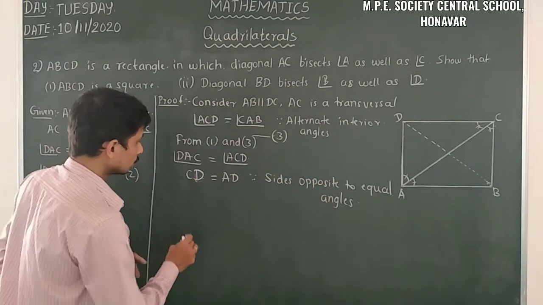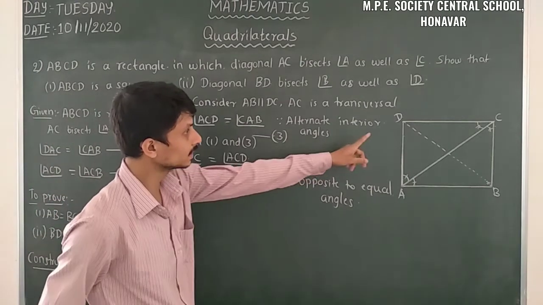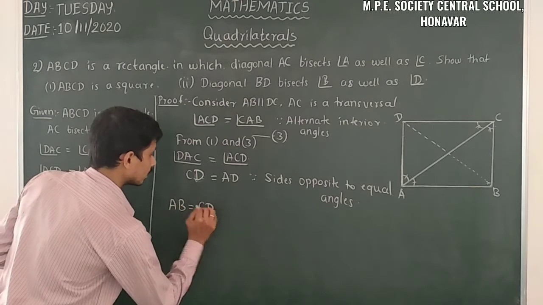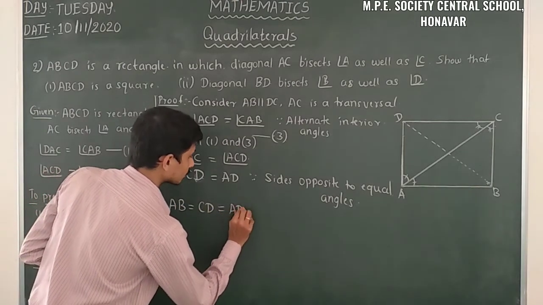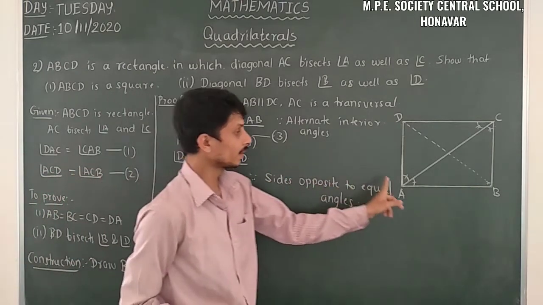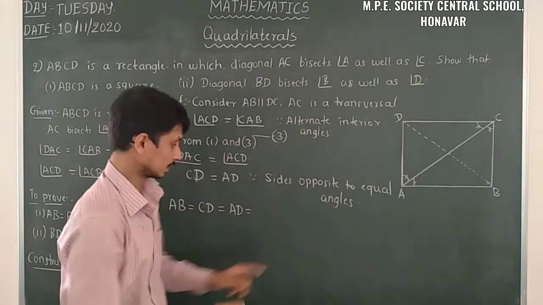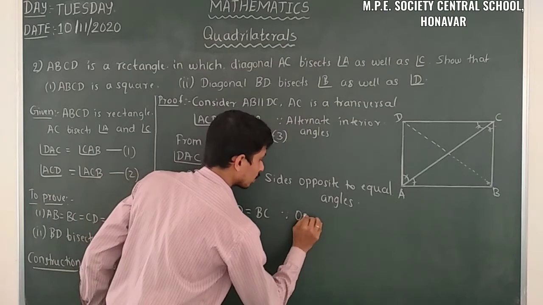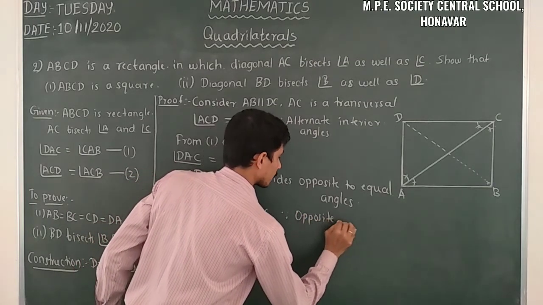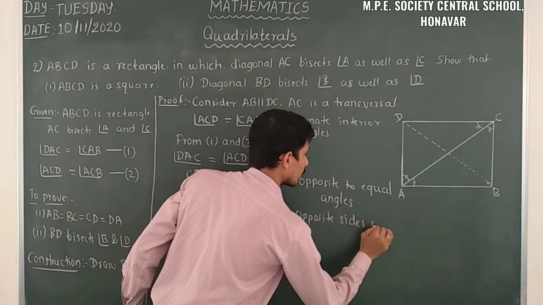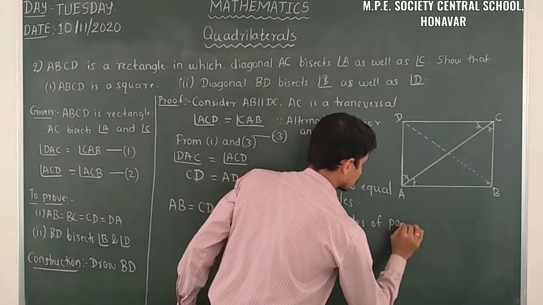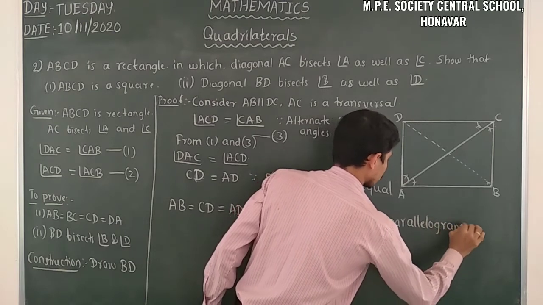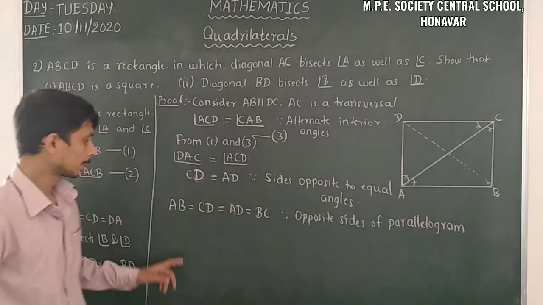So how can we take that one? CD is equal to AB. I will take AB is equal to CD and is equal to AD. CD is equal to AD and AD is equal to BC, because they are the opposite sides of a parallelogram.